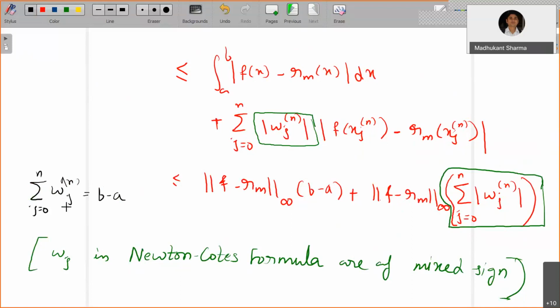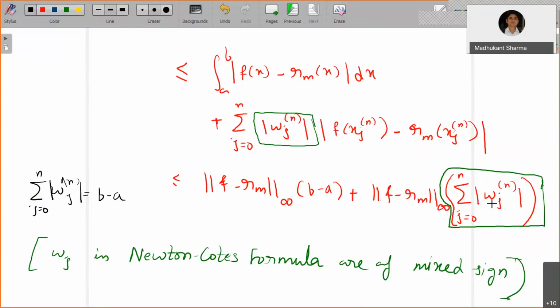When you have the mod here, that is going to be unbounded. That will increase with respect to n. So this term will not remain bounded, and therefore this formula is not going to converge. So this is the problem in the Newton-Cotes formula.